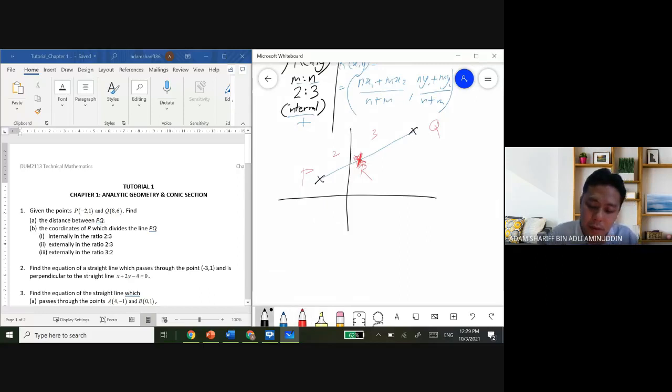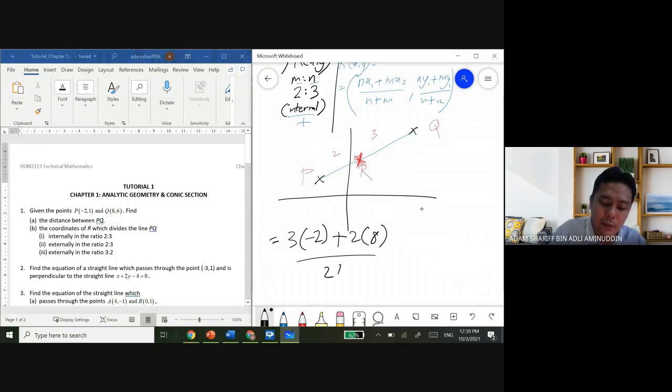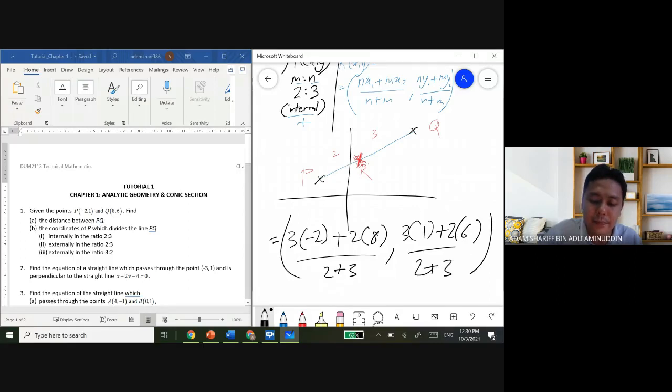Okay, this formula only involves sum, so it's quite hard for us to do the mistake here because this is a plus. Kalau terbalik pun tak ada masalah, jangan terbalikkan M dengan N saja. 2 times 8 over 2 plus 3, and this is 3, silangkan dengan 1 plus 2, 6, 2 plus 3.